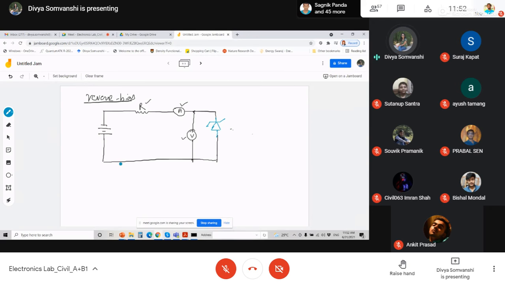Okay, so now this is the circuit of my Zener diode, and it is connected in reverse bias. You can see this negative supply is connected to the cathode, and this positive supply is connected to the anode. So we know that our Zener diode is connected in the reverse bias direction.